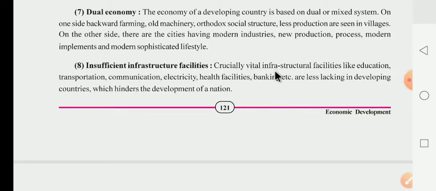Now next is insufficient infrastructure facilities. Crucially vital infrastructure facilities like education, transportation, communication, electricity, health facilities, banking, etc. are lacking in developing countries.